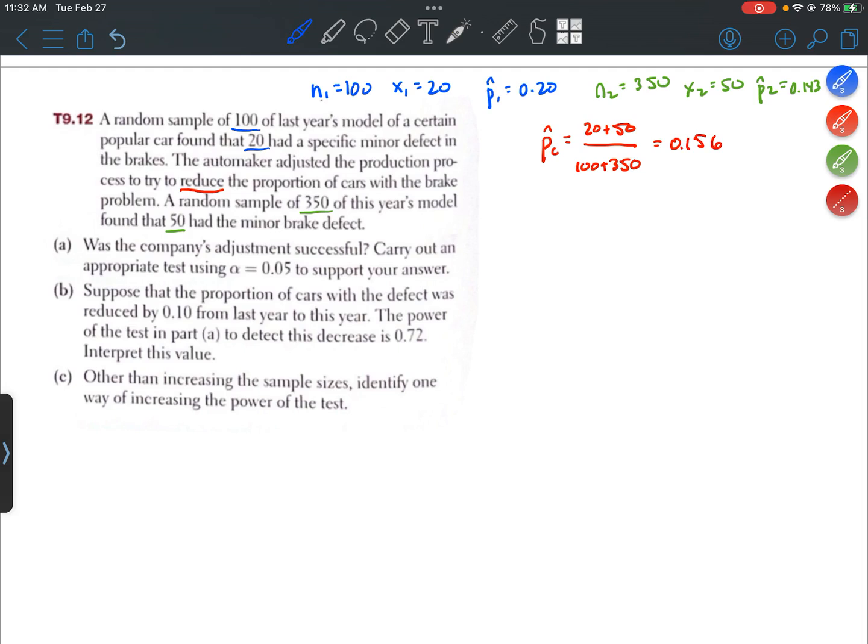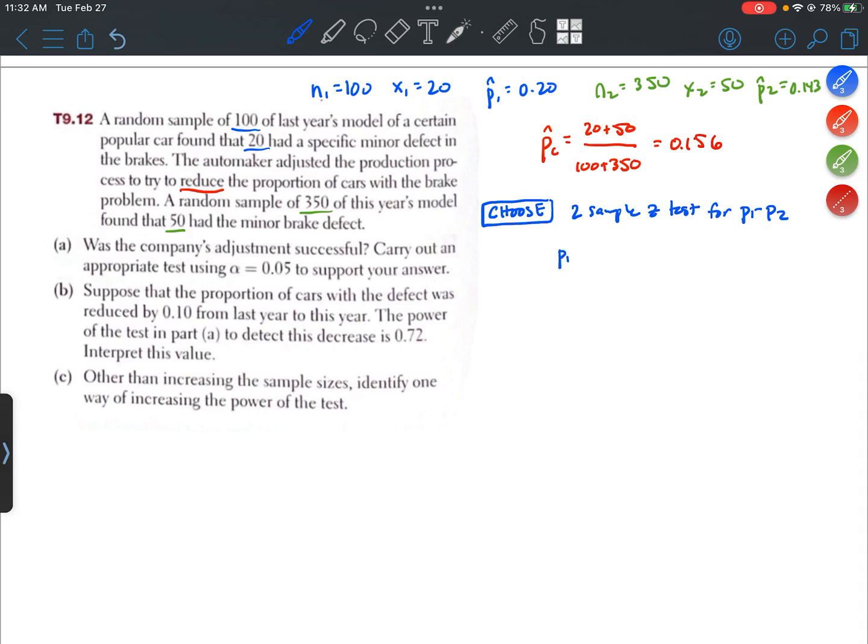All right, so let's go through the 4C method. The first step is to choose the procedure. This is a two-sample z-test for a difference in two proportions, P1 minus P2.